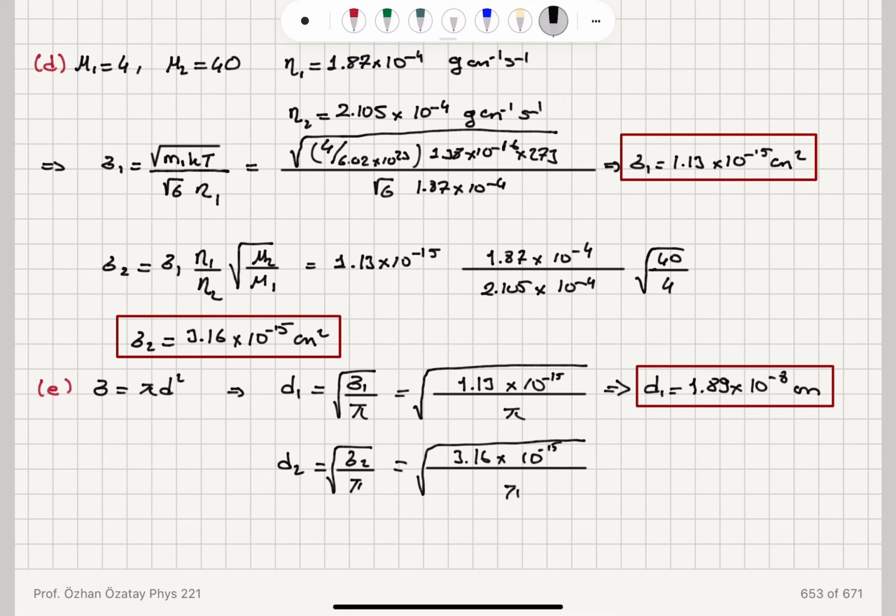And that gives us, for d2, 3.16 times 10 to minus 8 centimeters. So we have been assuming these diameters of 10 to minus 8 centimeters. You can see that the order of magnitude is correct.